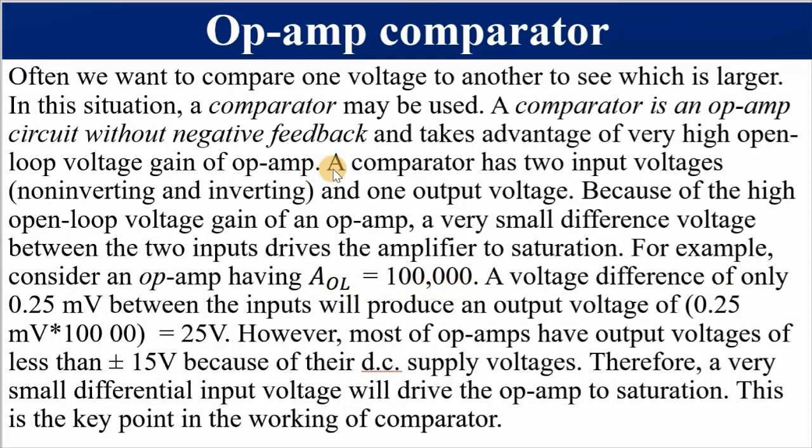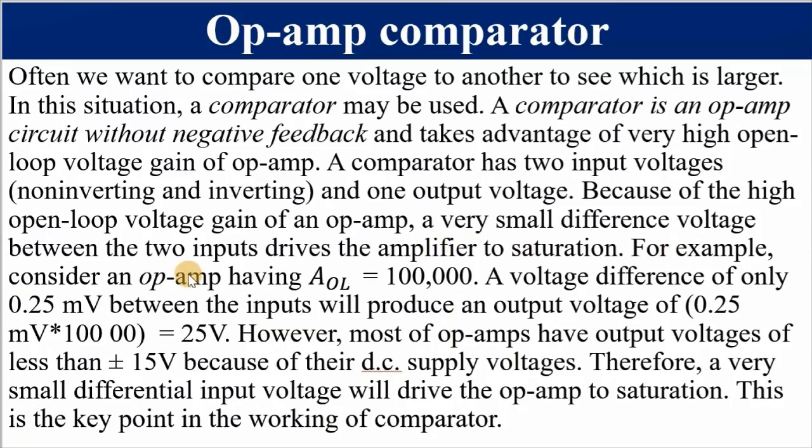Just like an op-amp, a comparator has two input voltages, non-inverting as well as inverting, and it has one output voltage. Because of the high open loop gain, a very small difference voltage between its two input terminals will drive it into saturation, that is into the maximum positive or negative output voltage.